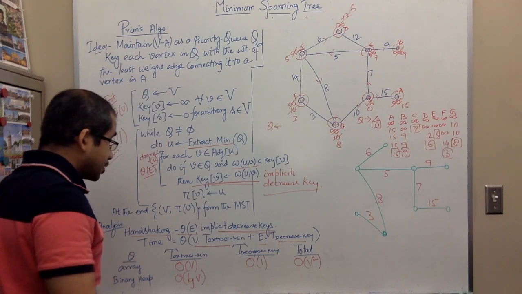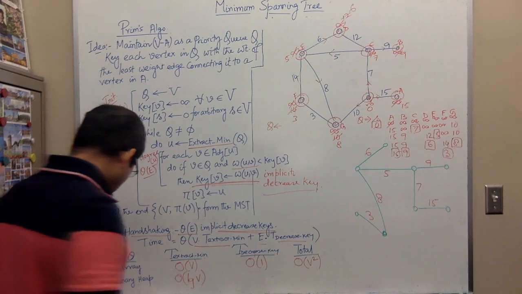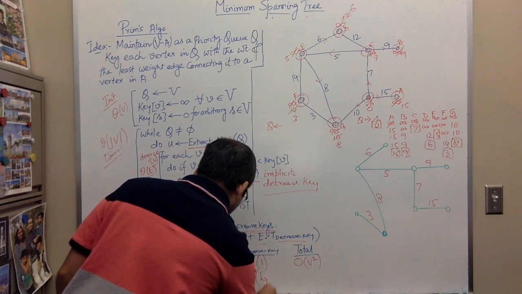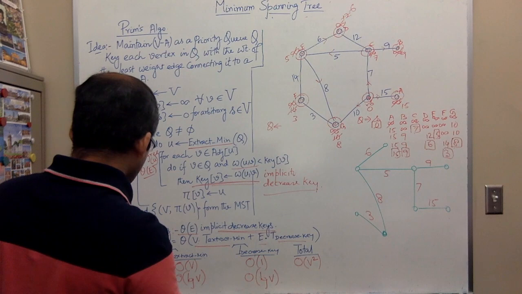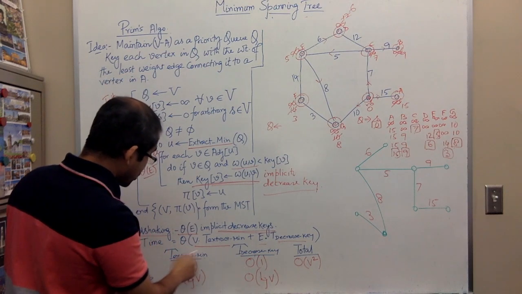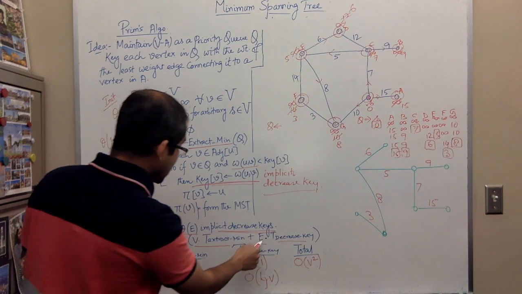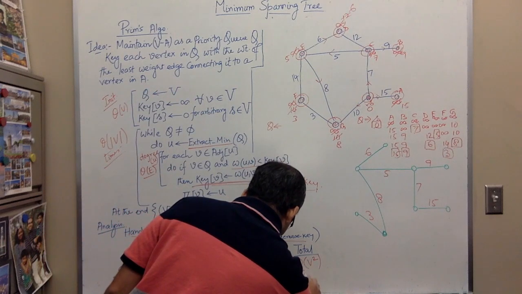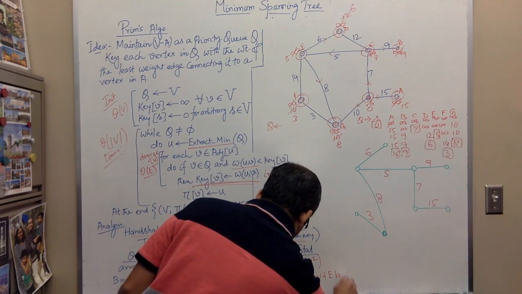And if you want to decrease key, you have to re-heapify, so that will also be an order of log v operation. Okay, log v times operation. So this total will be order of v times log v for extract-min, and e times log v. Okay, so this is order of v log v plus e log v.